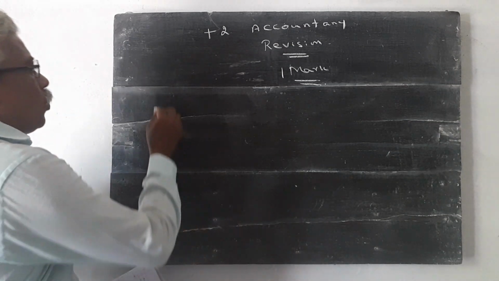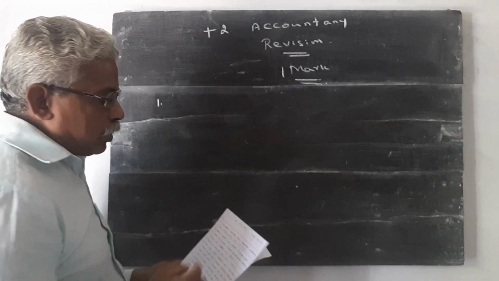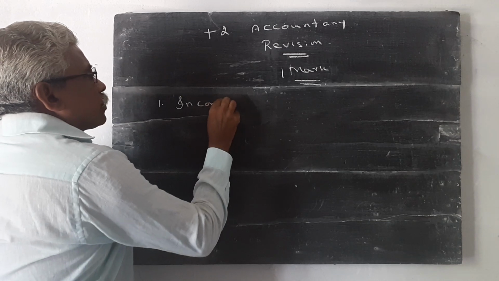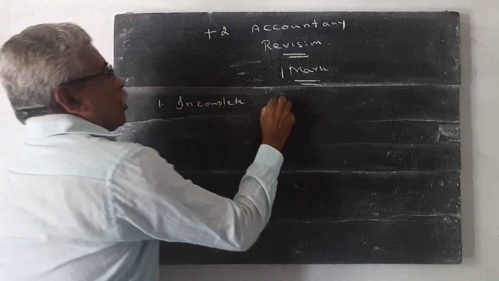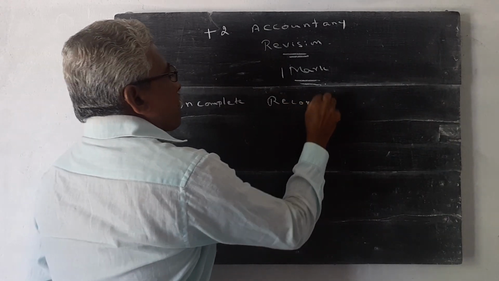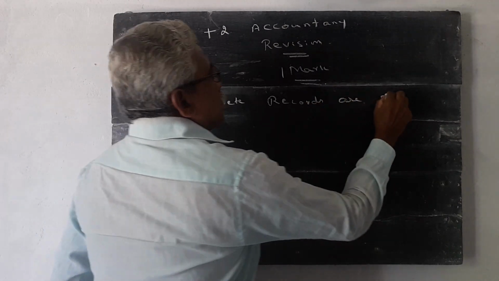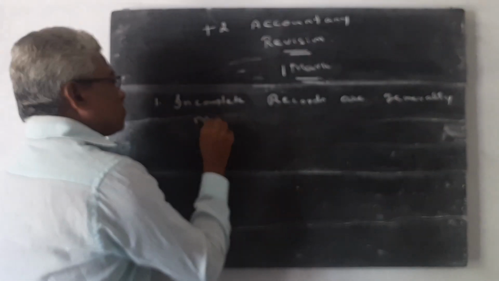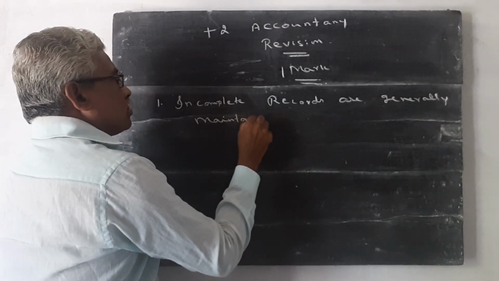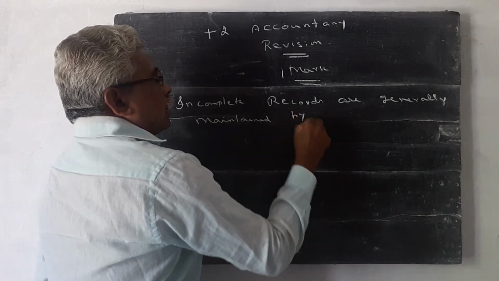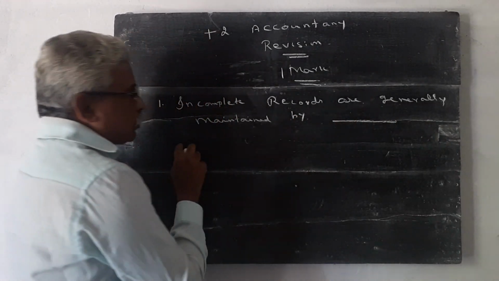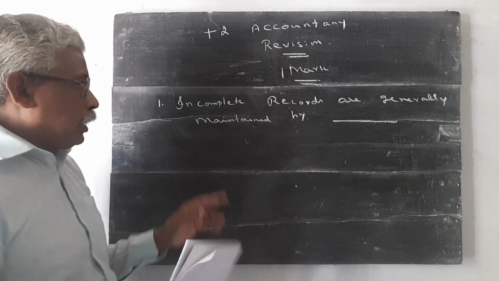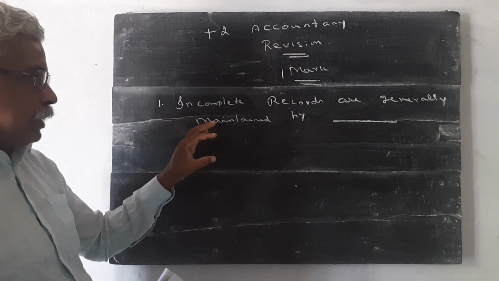Then question number 1. Incomplete records are generally maintained by dash. 4 options are given in the question, but you try to write the answer.